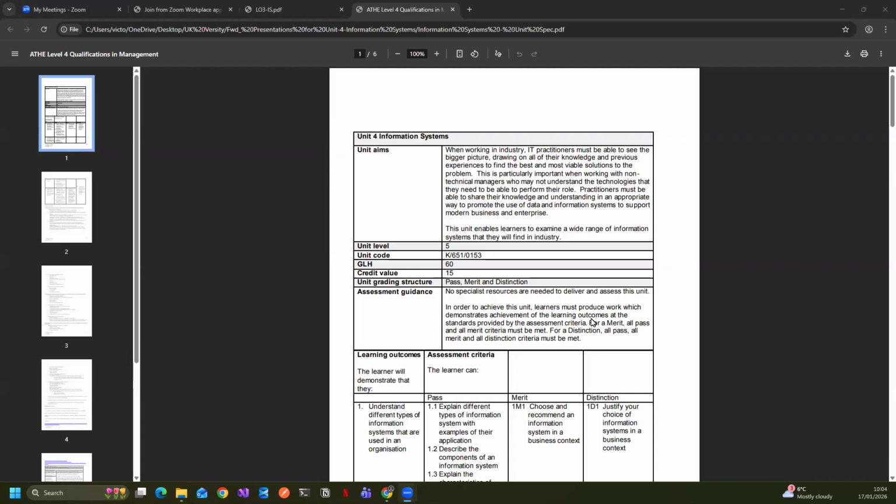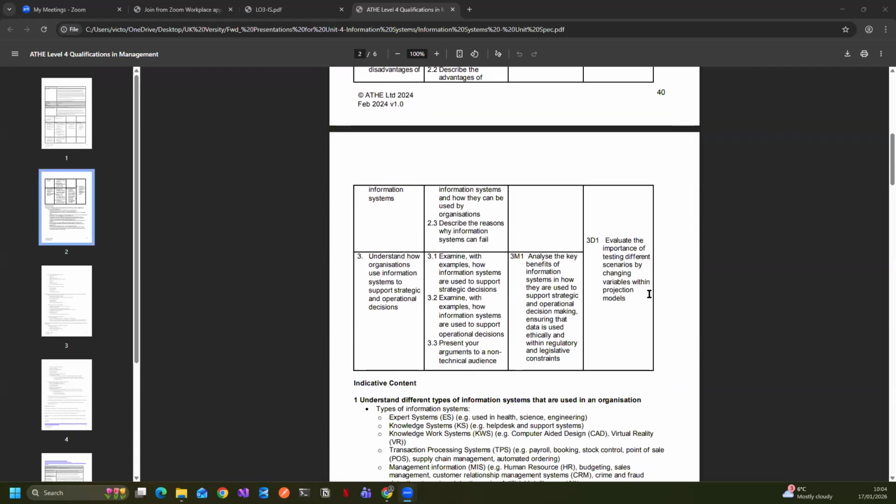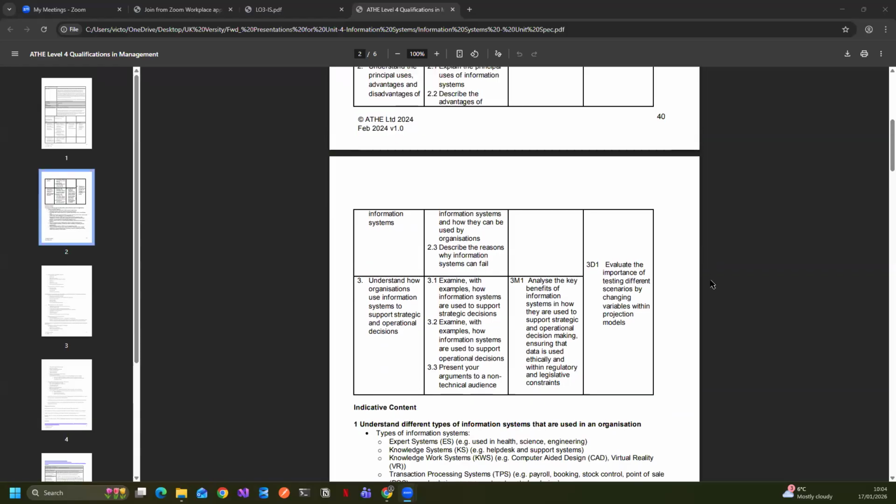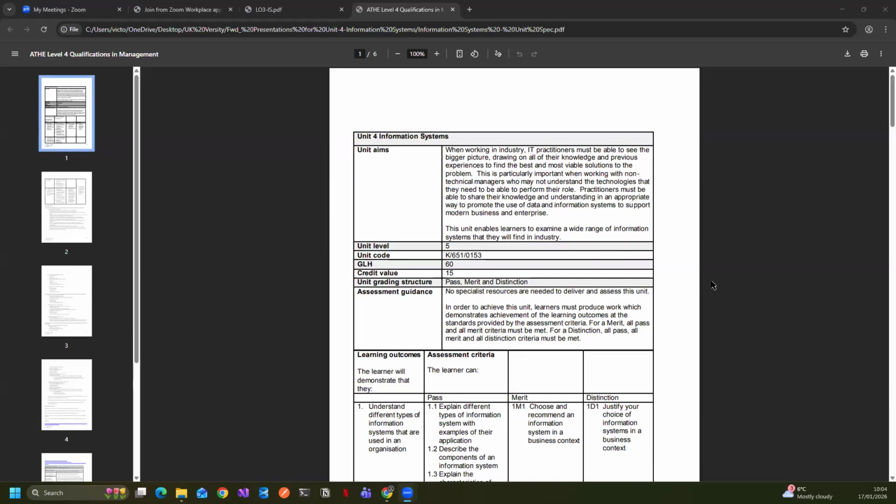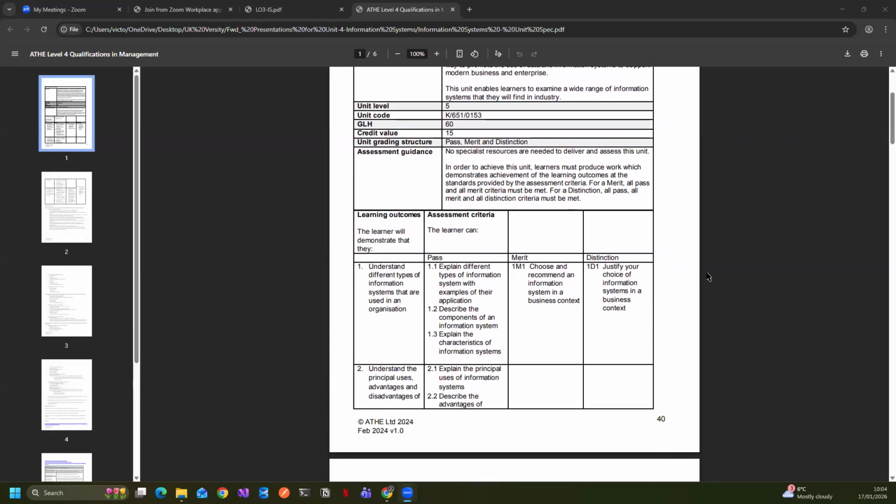So we've now come to our third tutorial for this unit, which is Information Systems, Unit 4. What have we covered so far in our previous tutorials? We've looked into understanding the different types of information system that are used in organizations.